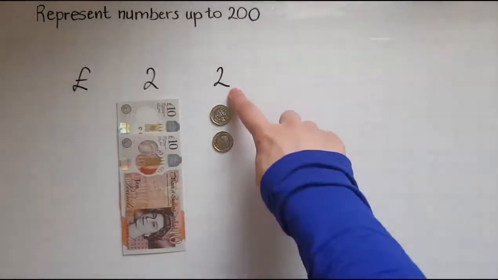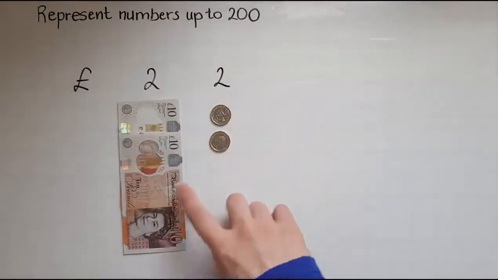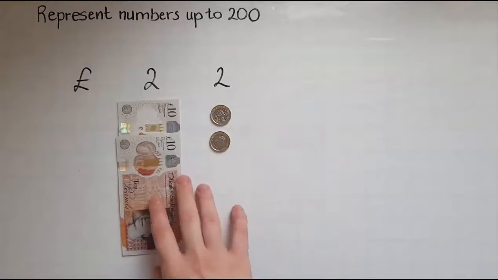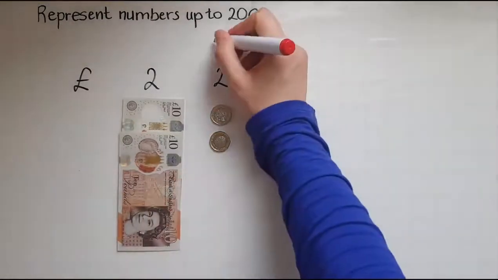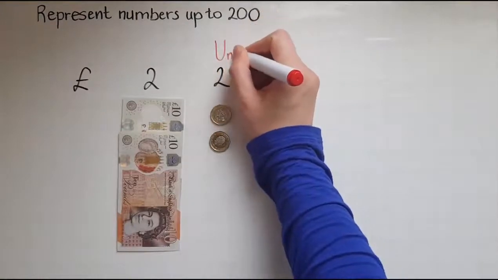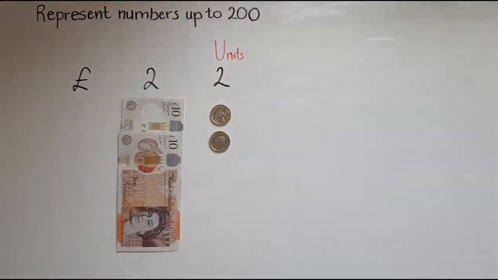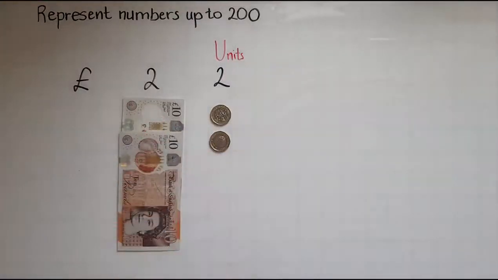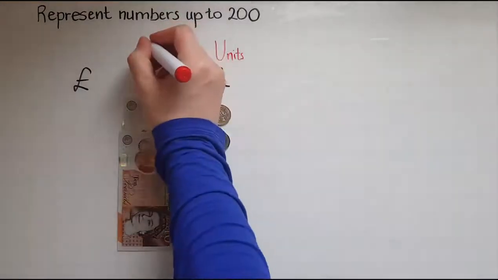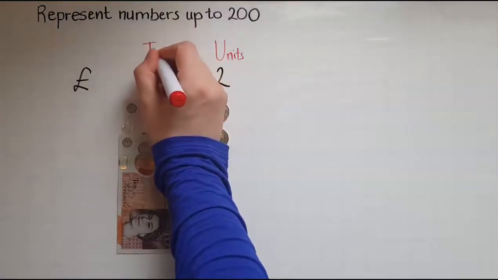So this is representing the single pound coins, or as we call them, the units. And this is representing the tens of pounds. We call that the tens.